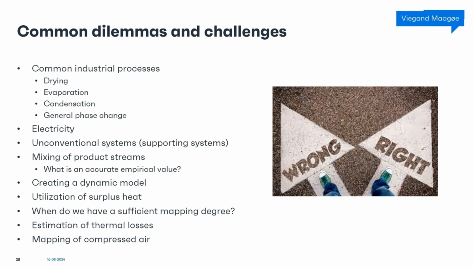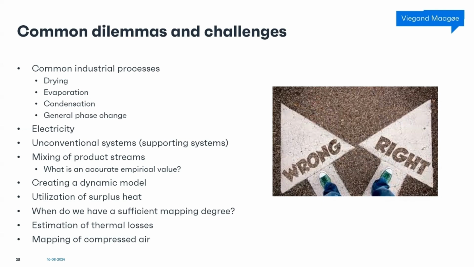Then there's the utilization of surplus heat. We had the example of heat from the air compressor. But as a rule of thumb, if the utilization of the heat is done within the production, it should be treated as in the process sheet.